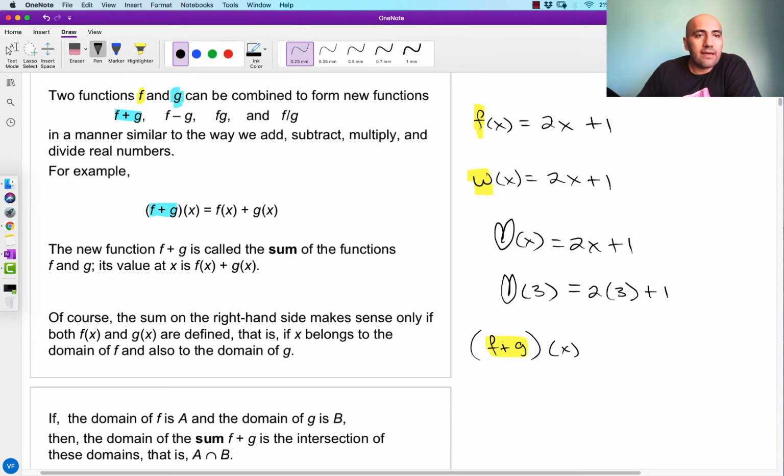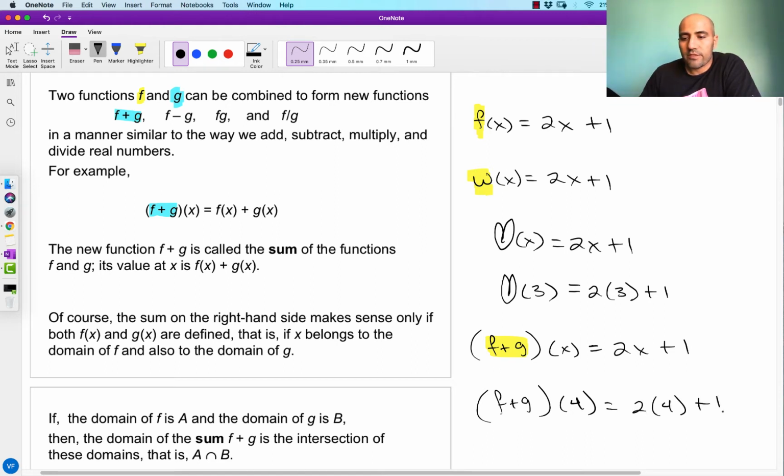So we can later evaluate this function by plugging in a number. f plus g evaluated at 4, for example, means go to the f plus g function, and wherever you see an x, replace it with a 4. So for example, if 2x plus 1 were defined this way, this would then be equal to 2 times 4 plus 1.